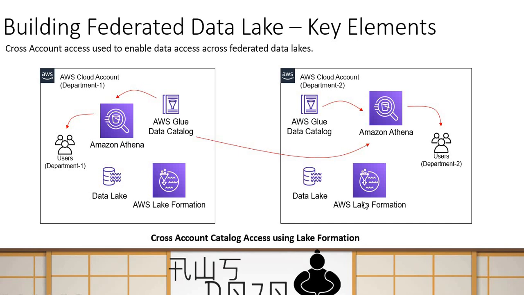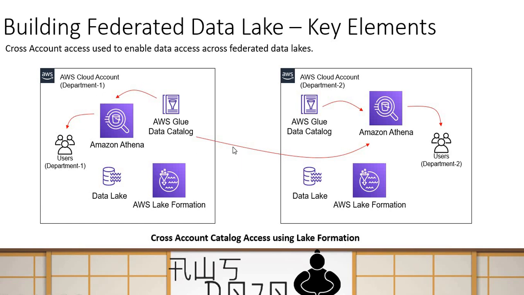AWS Lake Formation has a feature called external catalog access, and using that, you can enable users of department 2 to have data access to data in some other data lake in department 1.